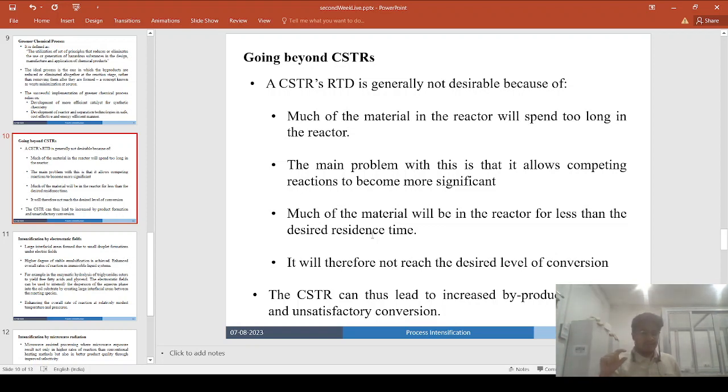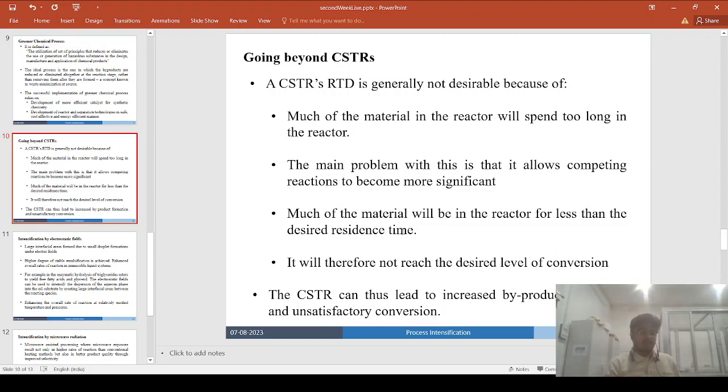So that tail is due to the presence of the dead zones. The tracer particles will still be staying in the CSTR where the dead zones occur, so they will not come out of the CSTR. Because of those tracer particles, or the species that stay too long in the reactor, it becomes overcooked, or basically it will allow side reactions to happen also.